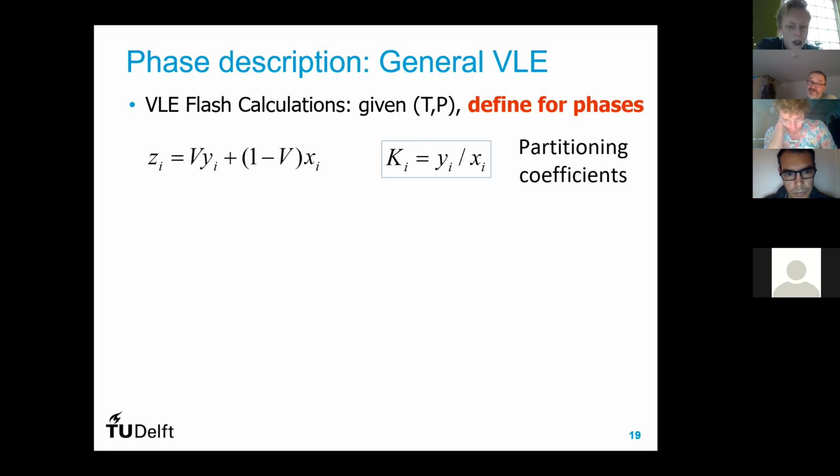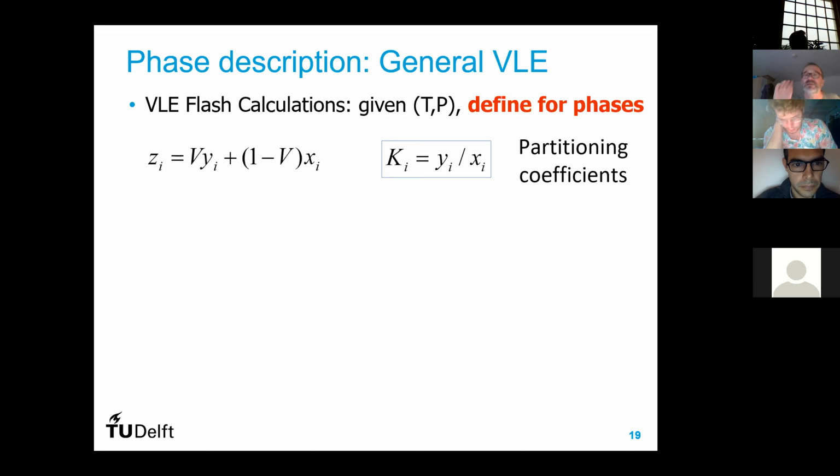How does it work? For the simplest cases we start with, we will use so-called partitioning coefficients, because in a lot of cases you can derive them either as a correlation as a function of pressure and temperature, or as a dependency.